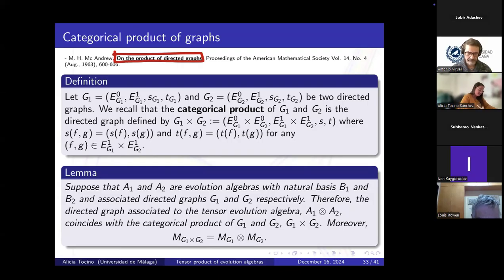They define there the categorical product of two graphs, and the most intuitive way to think about it is through the adjacency matrix of the graphs. The adjacency matrix of the graph G1 times G2 is the Kronecker product of the adjacency matrices of G1 and G2.